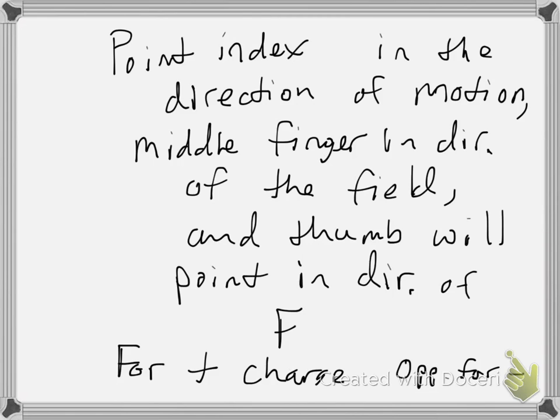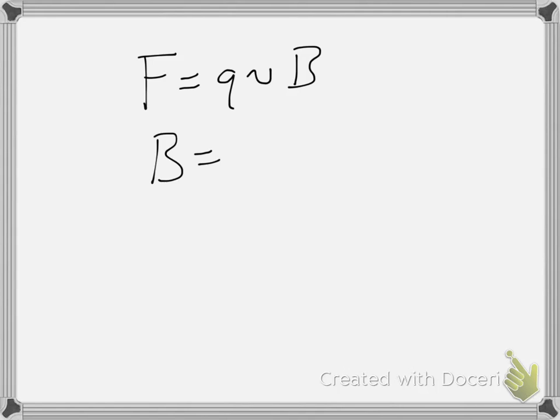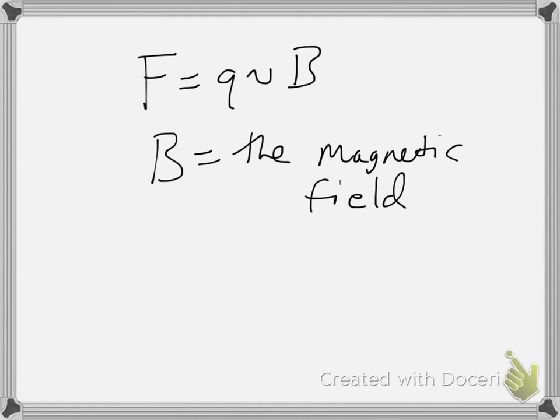All right. So how is that force actually described? Mathematically, the force on a particle will be equal to QVB. Now we've introduced this letter B, and this is the magnetic field strength. That's the magnetic field, and we measure the magnetic field in units of Teslas.